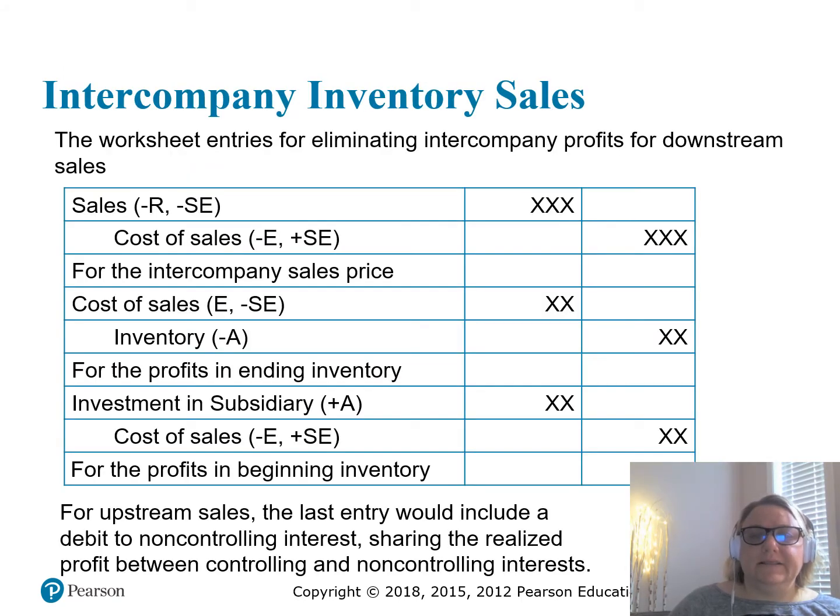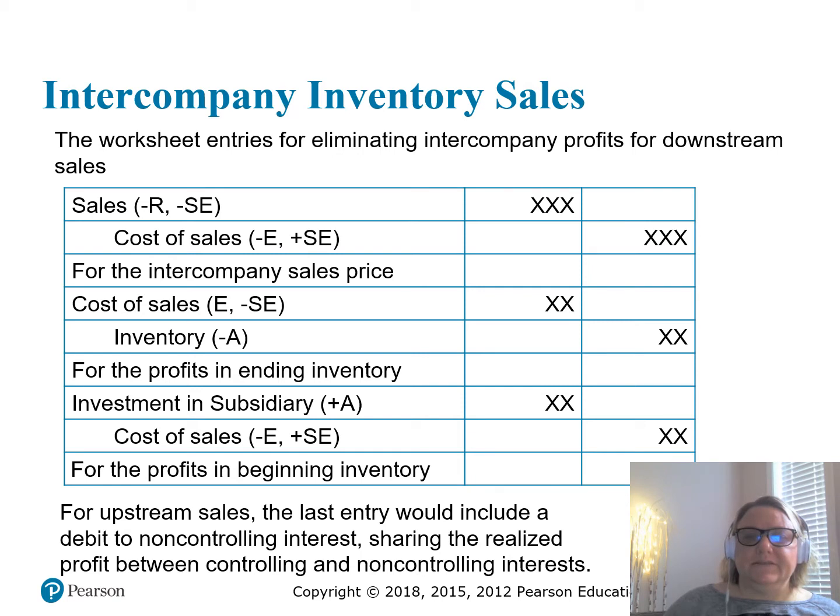So basically, these are our journal entries for eliminating intercompany profits. The best way is to take this sheet, screenshot it, and then load up your journal entries exactly like this sheet for an intercompany inventory sale, depending on the amounts and the proportions from the examples that we just used.